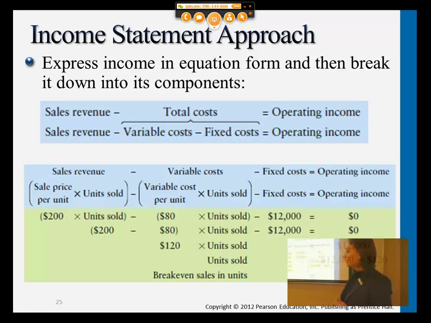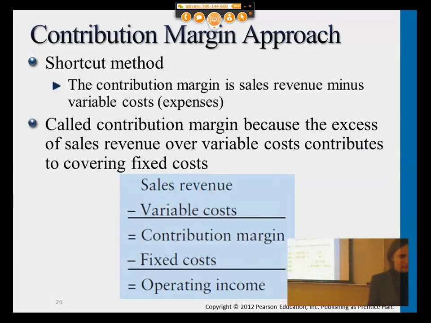So I know that to break even, I need at least 100 events booked. Does this make sense? Sinking in? Okay. So let's look at the next one. Any questions on the previous?